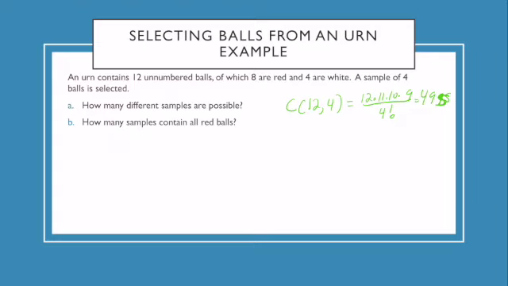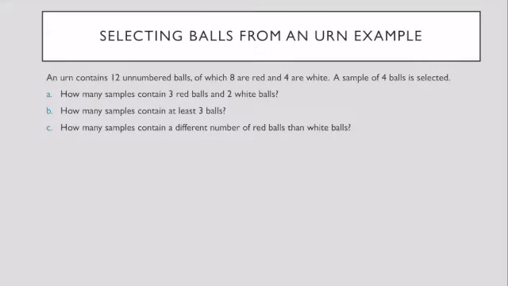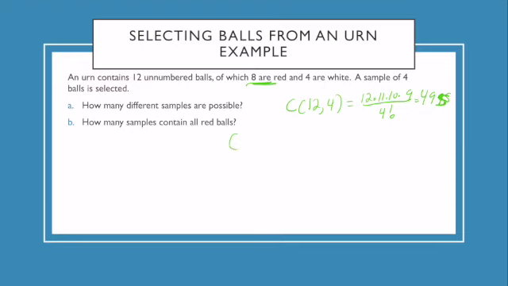How many samples would contain all red balls? Well, I have 8 red balls, and I would need to pick 4 from that sample. So that's going to be 8 choose 4, which is 8 times 7 times 6 times 5 over 4 factorial.